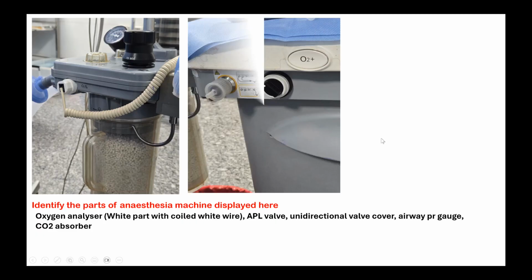Now this is another machine, a view of the same machine, already shown to you. Can you identify these parts? O2 flush. Common gas outlet, very good. This is the common gas outlet.